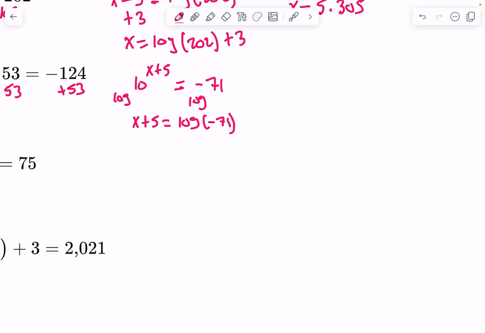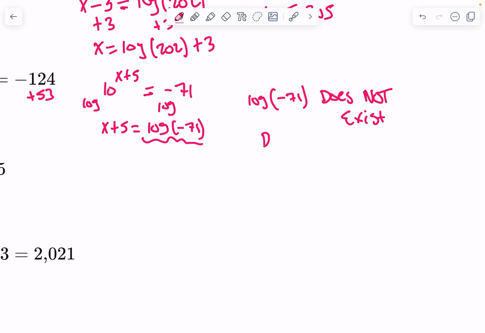And we need to pause here. Does this exist? So log of negative 71 does not exist, because the domain of log is 0 to infinity. So here it's not in my domain.